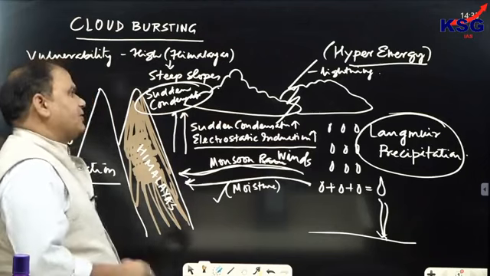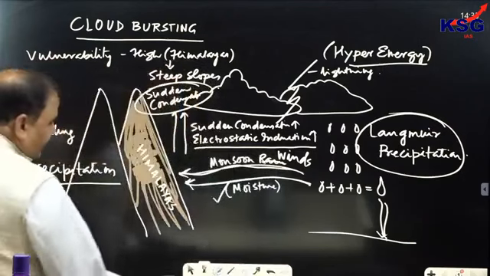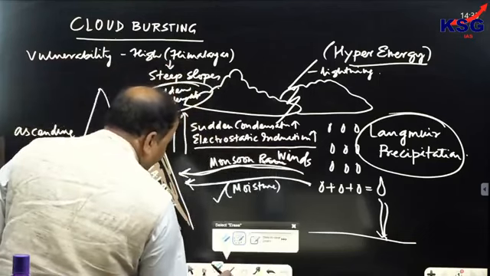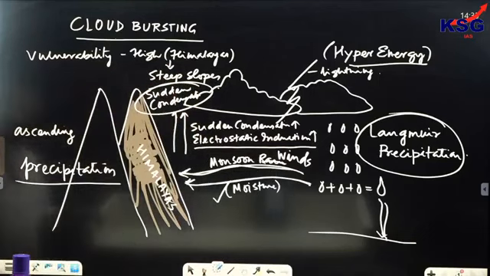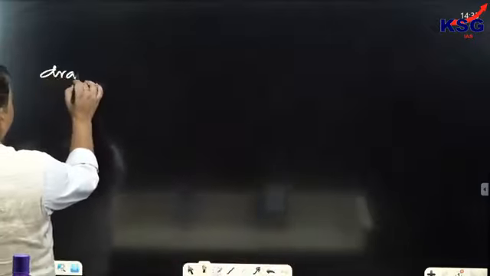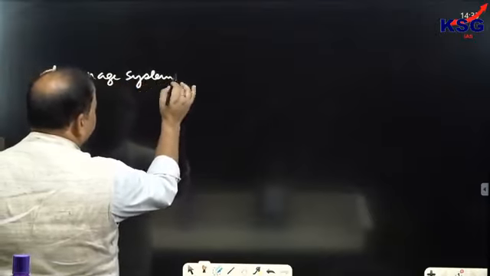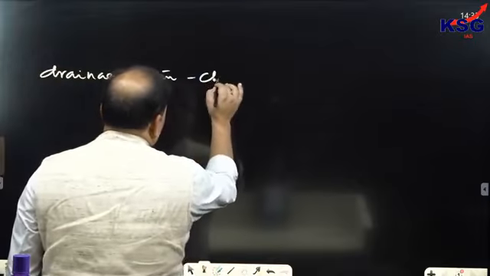Now for this purpose, what needs to be done? Write down: for this purpose, the drainage system should be properly maintained. You can take a screenshot of this also, and then I'll remove this.